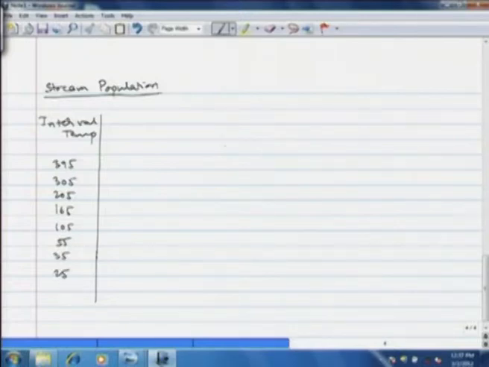Now delta T interval in degrees centigrade.